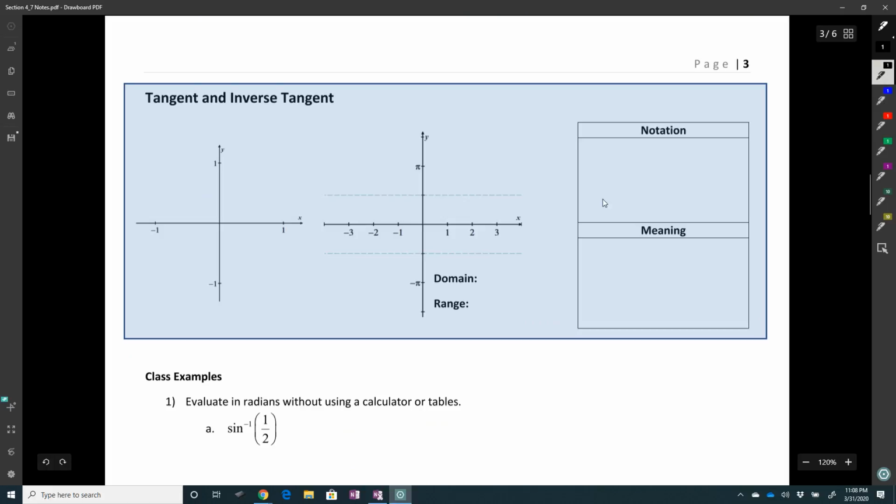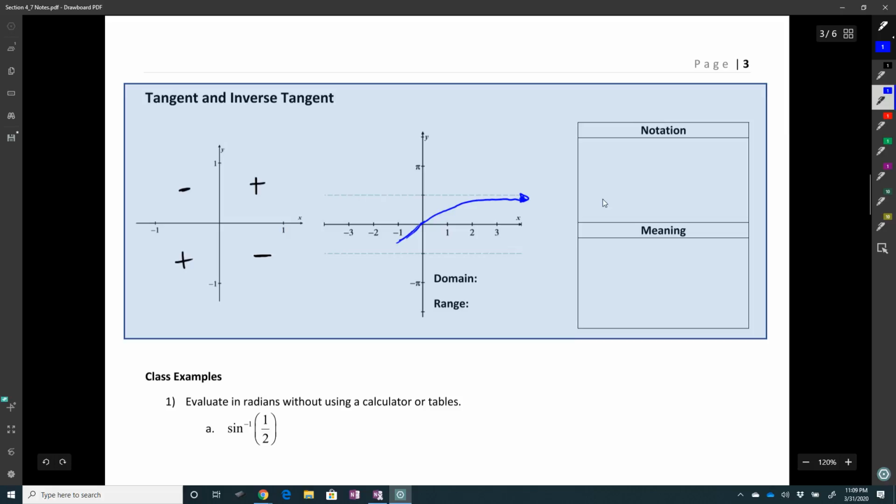Tangent. Again, we want one positive and one negative region. And if I graph tangent, it's going to look like this, and it goes on forever in that direction.